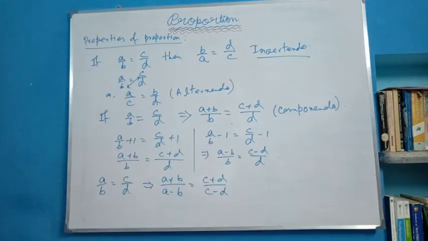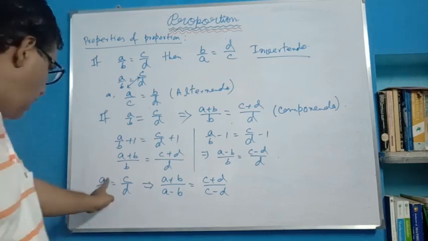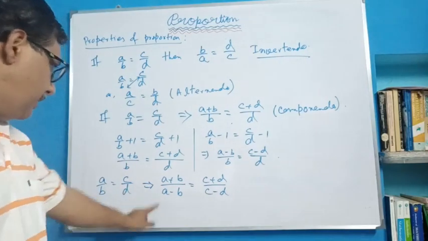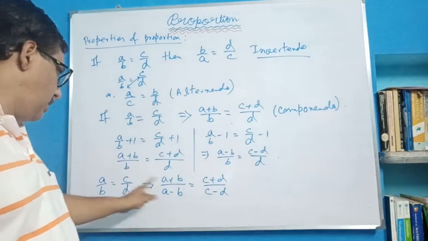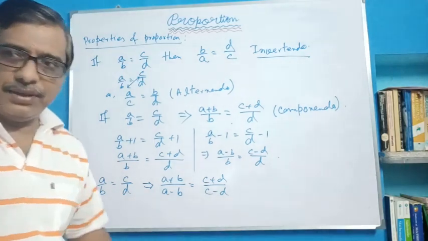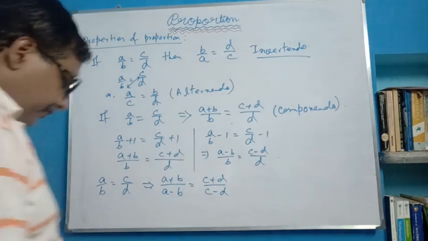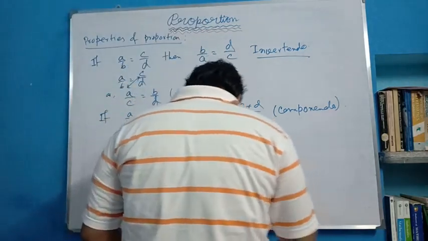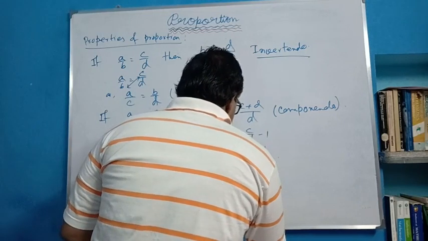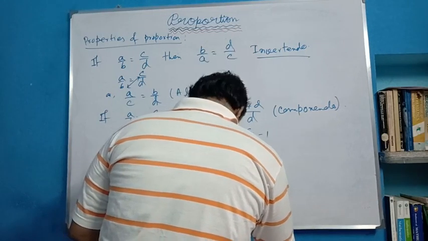On the left side, we add the denominator to the numerator to get A plus B, then subtract the denominator from the numerator to get A minus B. On the right-hand side also C plus D by C minus D. This is known as componendo dividendo.